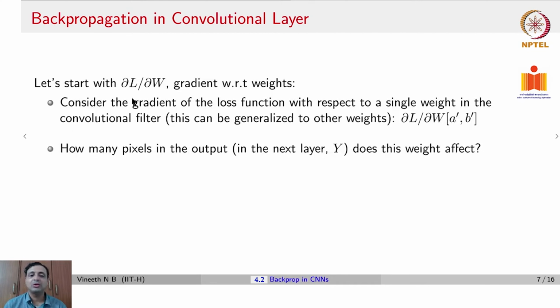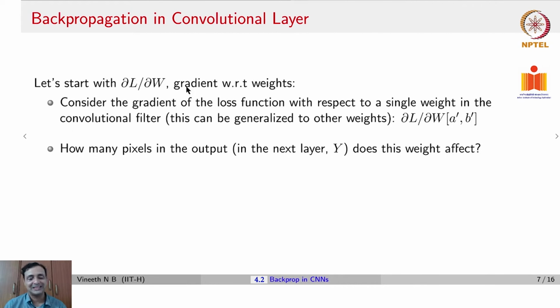Let's start with dou L by dou W, the gradient with respect to the weights in the filter. To do this, let's consider one particular weight in the convolutional filter. Let's say that you have W at (a', b') as one location on your filter.